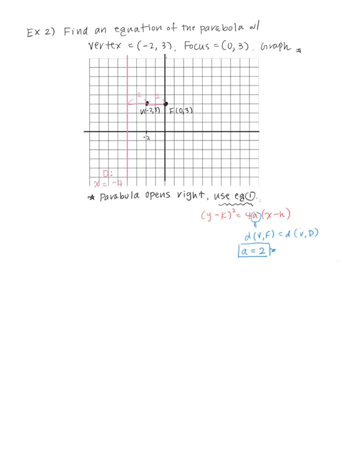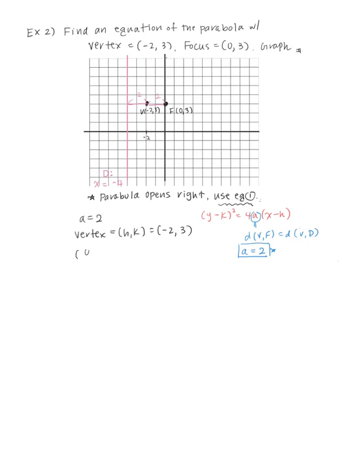Alright, now let's write down what we got. We already got a equals 2 and the vertex. The formula for that is always h, k, but that was given to us, negative 2, 3. So our h is going to be negative 2 and k is going to be 3. Now let's plug these values into our equation.